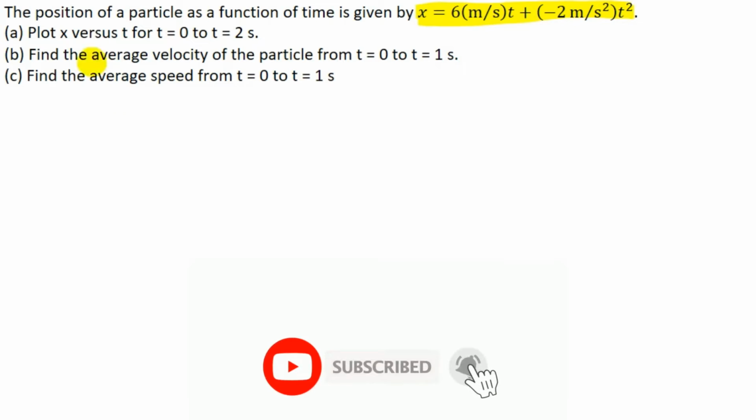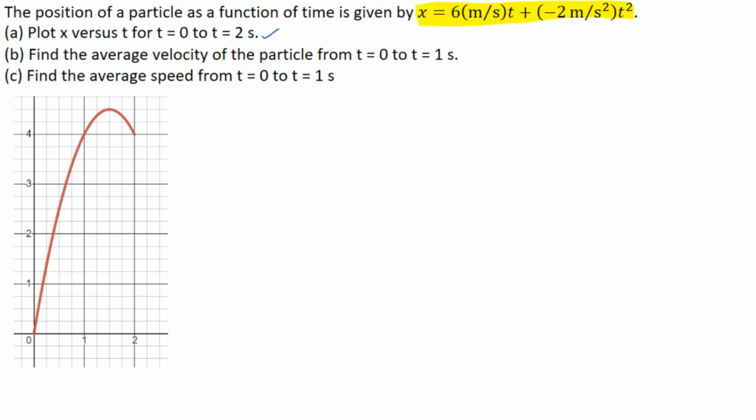In part A, we have to plot the x versus t graph for the time interval t equals 0 to t equals 2, and for that you can use a graphing calculator, or any online graphing calculator available. So we have obtained this curve, and this is the x versus time graph, and this curve represents this equation.